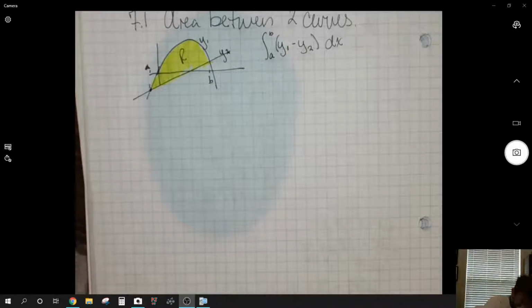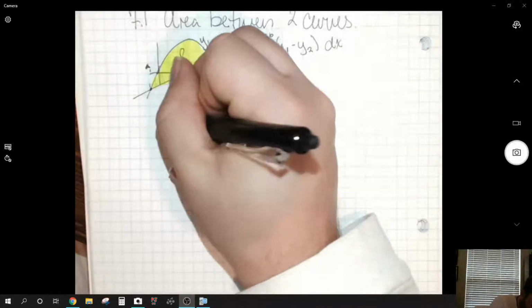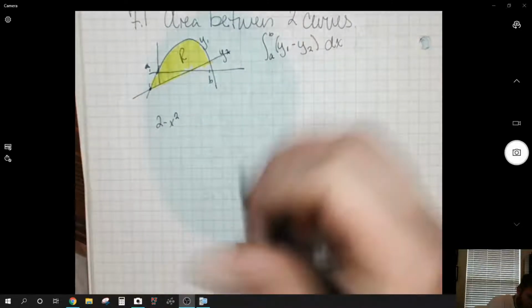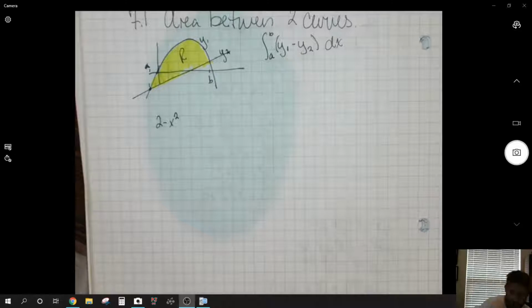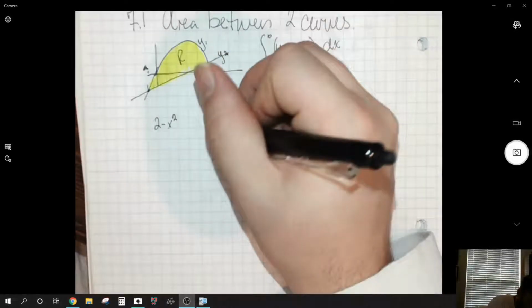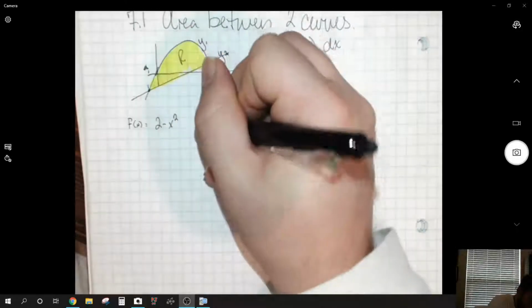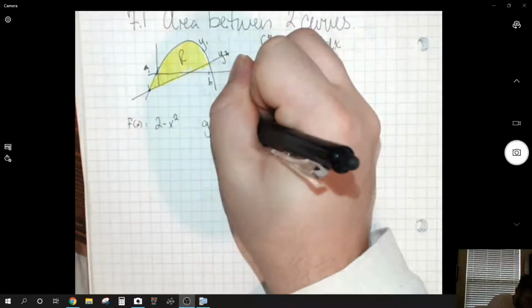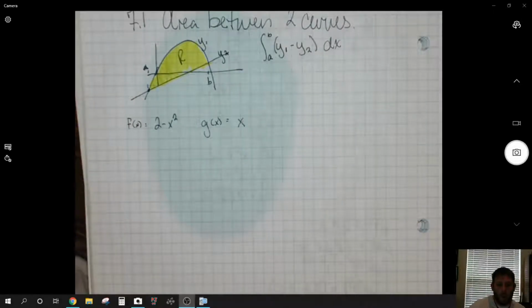Okay, so what we're going to do first, let's take 2 minus x squared. That'll be our parabola right here. It's not the exact one, but it's close enough. And we have g of x to be the value x. Now, you have a couple of options here.